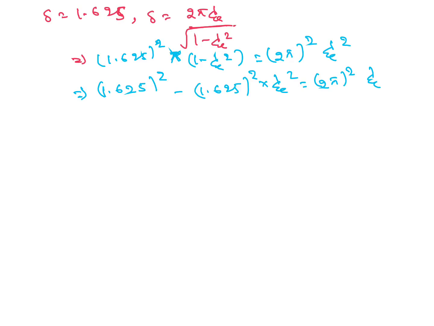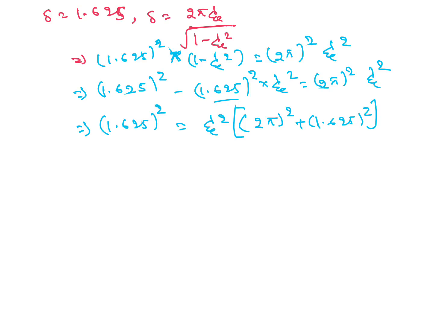No need to square this one, you just put as it is. Then 1.625 square, take this one to the right side, we'll get zeta square common, 2 pi square plus 1.625 square, it will come around 42.